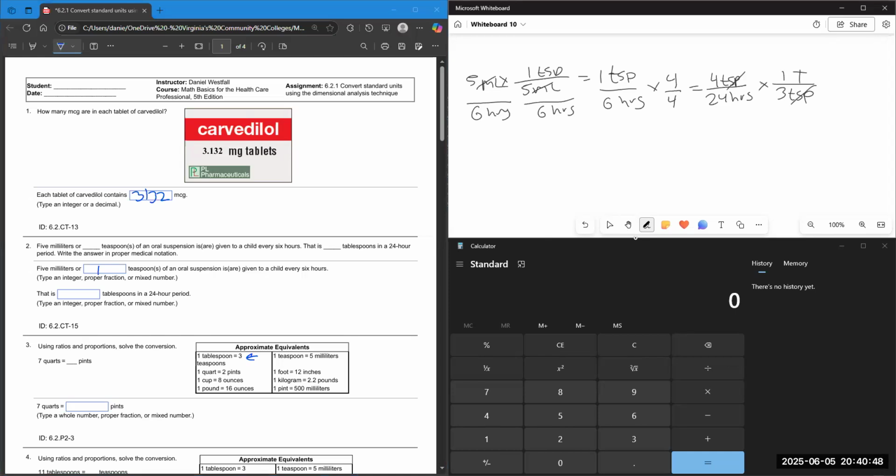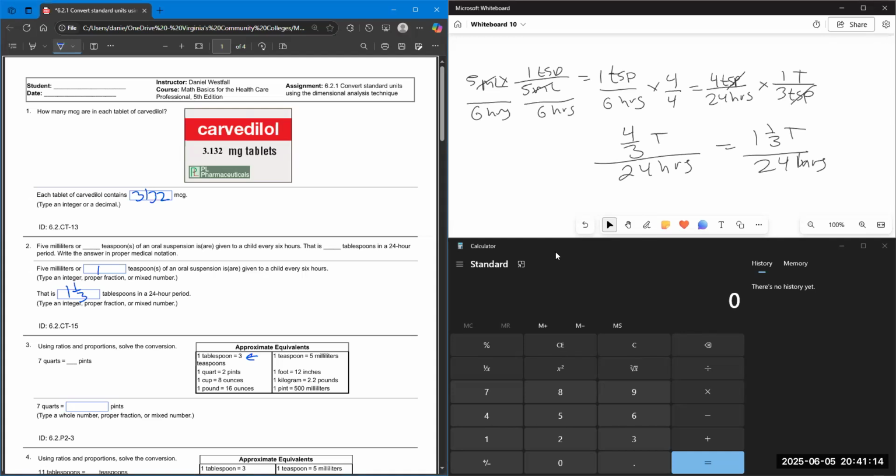Teaspoons will cancel, and 4/3 tablespoons per 24 hours. It's 1 1/3 tablespoons in 24 hours. So this is 1 1/3.